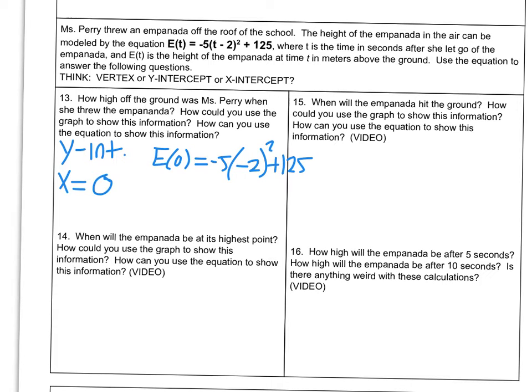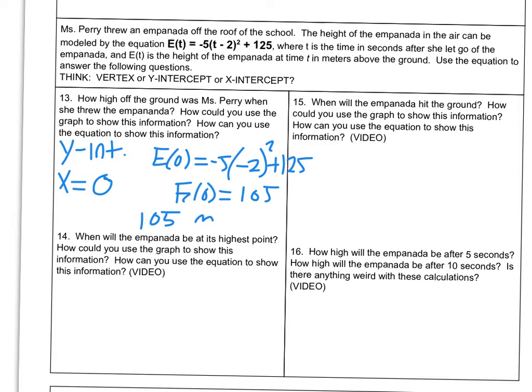So we're going to have -2 squared is 4. -5 times 4 is -20. E of 0 would be 105. So 105, I think this is in meters. That's a really high school for that, I guess.